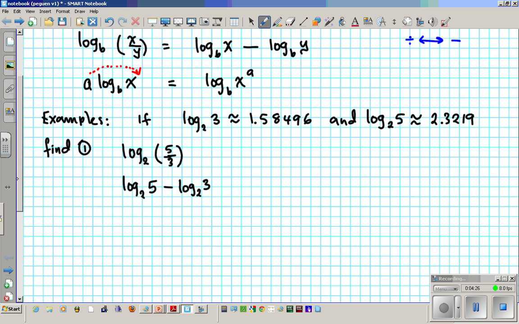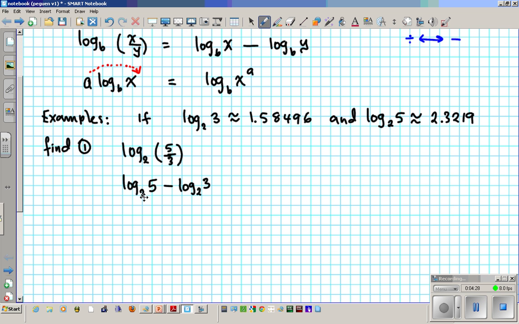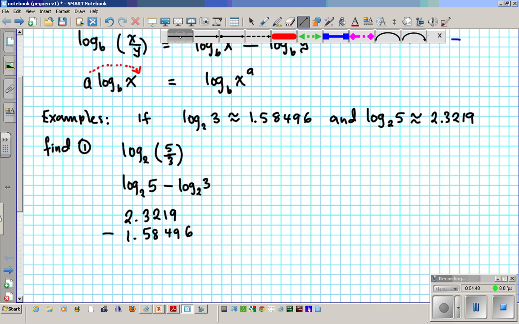Now we're going to take the independent approximate values, substitute them here, and subtract, and that will be our answer. So what is log base 2 of 5? It's 2.3219, minus log base 2 of 3, which is 1.58496. We'll simply subtract these two.